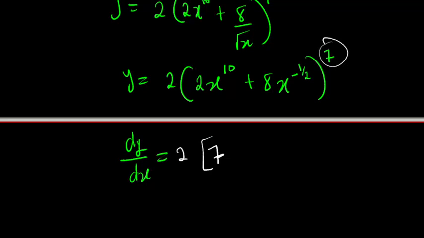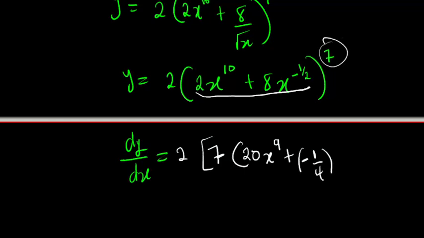We differentiate everything we have here, and according to the standard, you have 20x raised to power 9 plus, this is minus, because that's 8 over 2, minus 1 over 4 x raised to power minus 1 over 2 minus 1. Let me just write it like this.